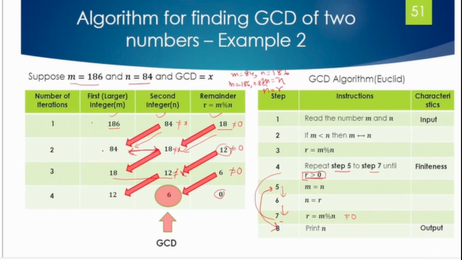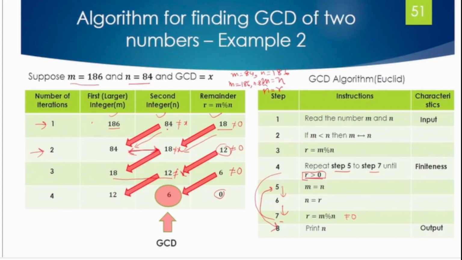So if you have a number m in iteration 1, in iteration 2 the m will have a number which is less than the previous, right? Because we are assigning the smaller number of iteration 1 into m in iteration 2. So for this reason, m will be a monotonically decreasing series.